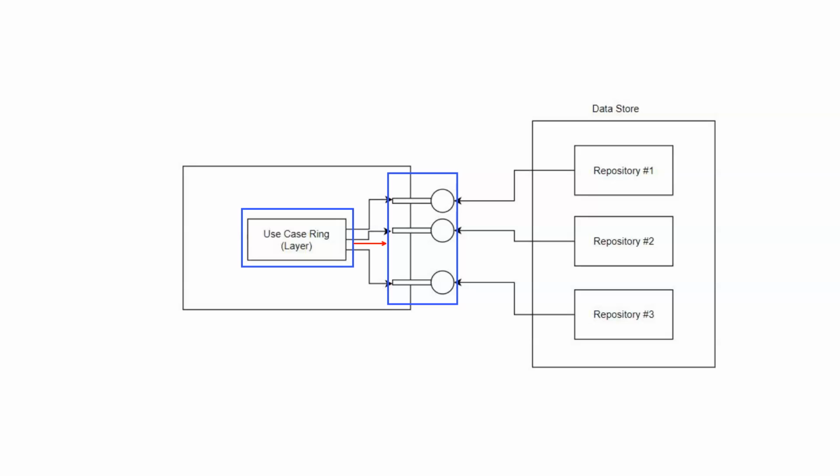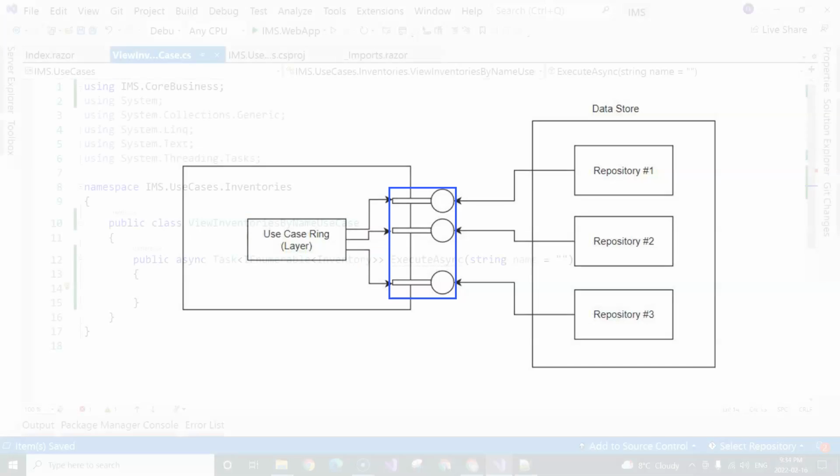And then later, we can implement this interface as a plugin to plug into this use case. Therefore, our use case is not dependent on the plugin. Our use case is dependent on this abstraction. And this is one of the key concepts of clean architecture.